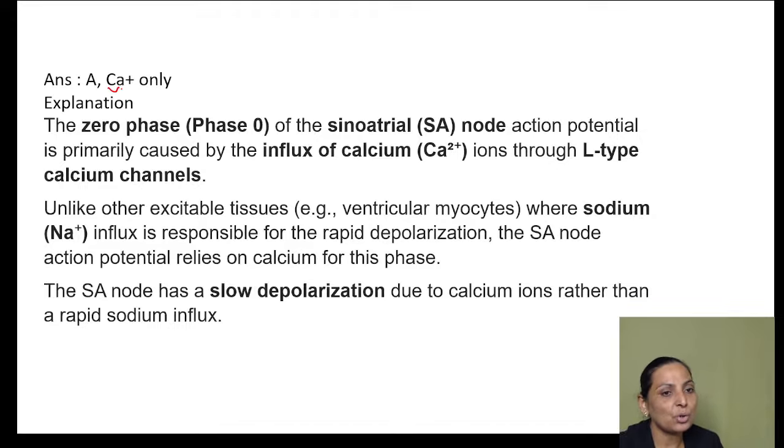It is because of calcium. This is a very important consideration, that the 0 phase, that is the depolarization in the SA node, is because of calcium. Similarly, the depolarization in the smooth muscles, for example GIT, is because of calcium and not sodium. Elsewhere you get sodium, but here you get calcium.